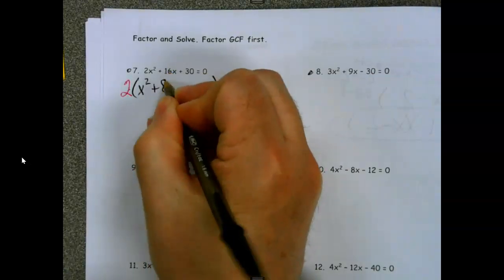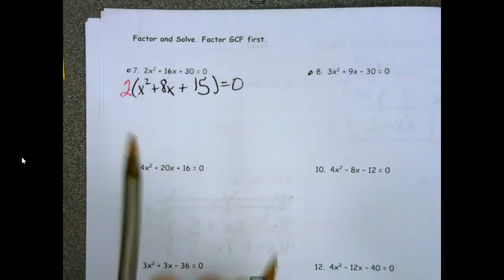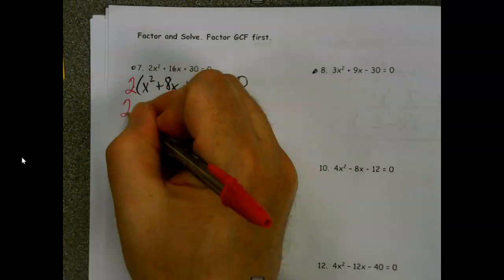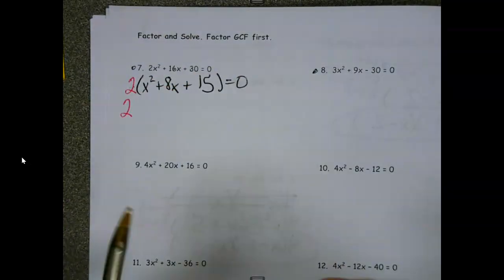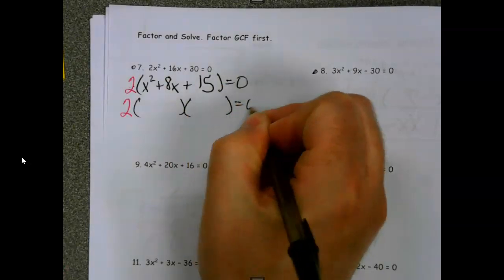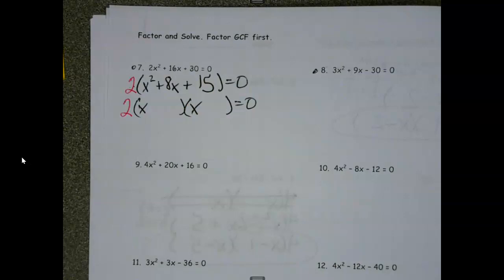Again, if you need the calculator, there is nothing wrong with that. But the only purpose our 2 is serving this time is making our factoring part easier. When we get to the solve part, that 2 plays 0 role in anything.